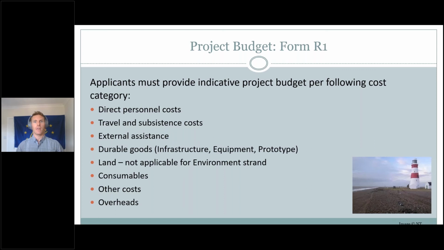Budget forms. So in Form R1, you'll need to fill in your indicative high-level budget. You can see the budget headings listed on the slide, and they include personnel costs, travel and subsistence, external assistance, durable goods, land, consumables, other costs and overheads.